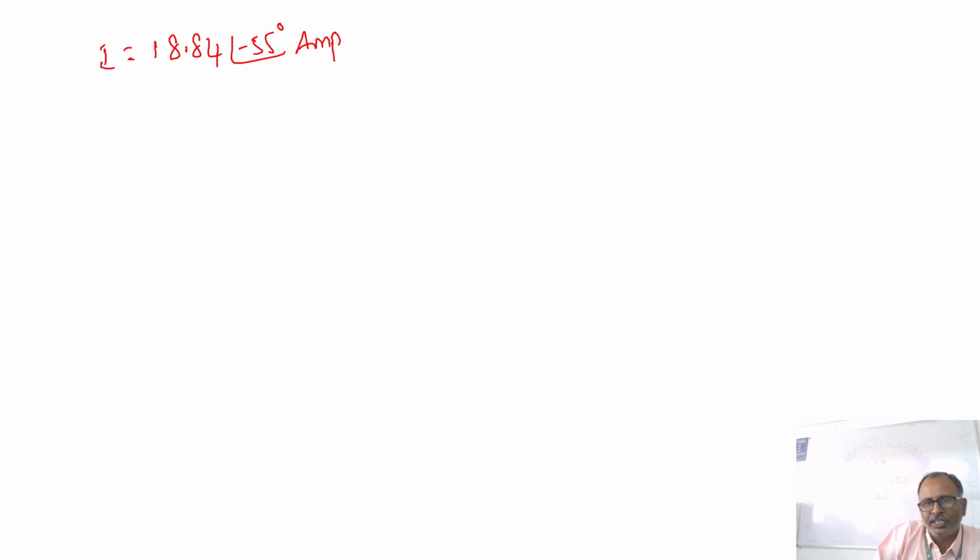That indicates, as we have taken voltage as reference, that the current vector is going to lag the voltage vector by an angle 55 degrees. So the first question, current, is over.